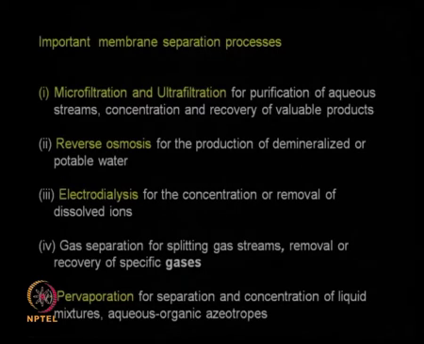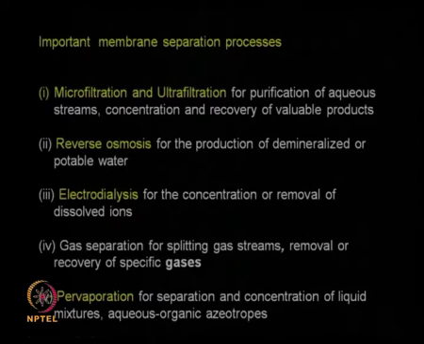So microfiltration, ultrafiltration, you are purifying aqueous streams, so you can use it for removal of unwanted solids, or you can use it for concentrating. That means you have a very thin liquid, you are removing a large amount of liquid, so that you are concentrating the slurry. You can use it for recovery of valuable products.